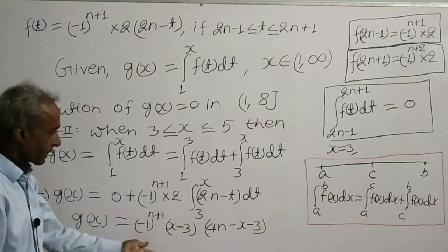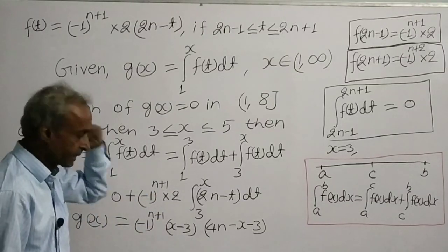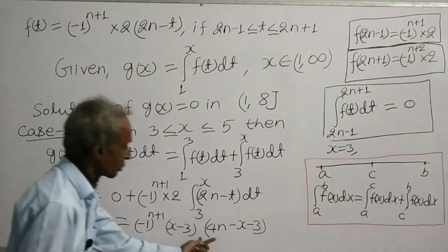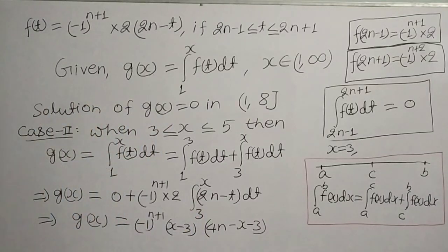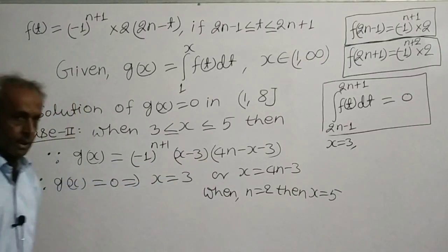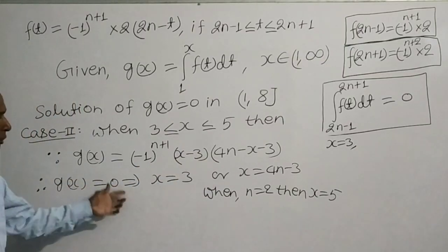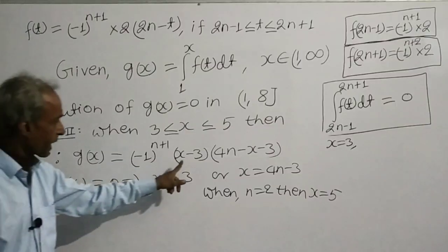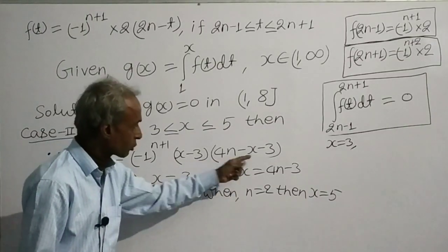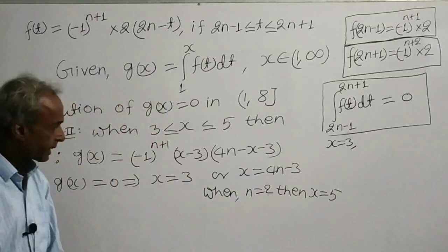After integrating and a little simplification, we get g(x) is equal to this. Since g(x) is this, g(x) = 0 implies that x = 3 or x = 4n − 3.